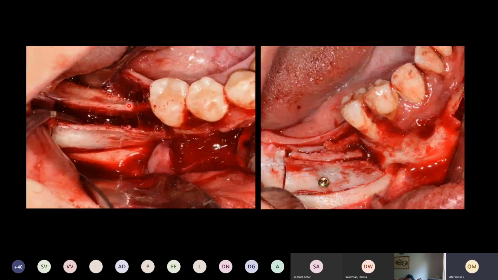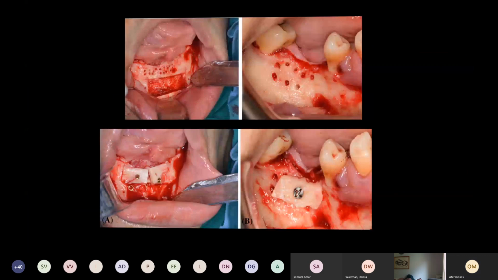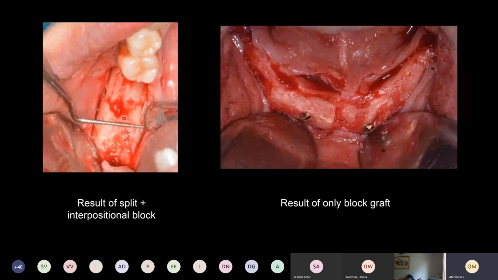So three places are supplying this graft with blood, allowing a higher degree of staying alive, if I can say. And what they found is that there is a higher bone gain with an interpositional graft, with fewer complications. It's very important.